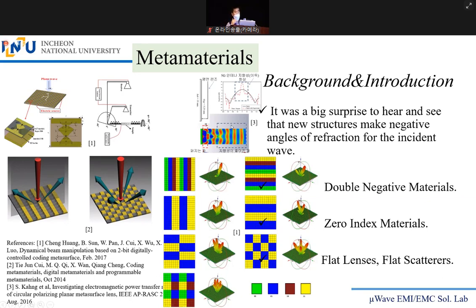I have had several funds from the industry, not NRF, not IITP. I got funding from very serious industries such as LG Innotek, LG, and Samsung Electronics, and LG Nex1, etc. There I developed metamaterial lenses, very planar, but they play the role of a convex lens.